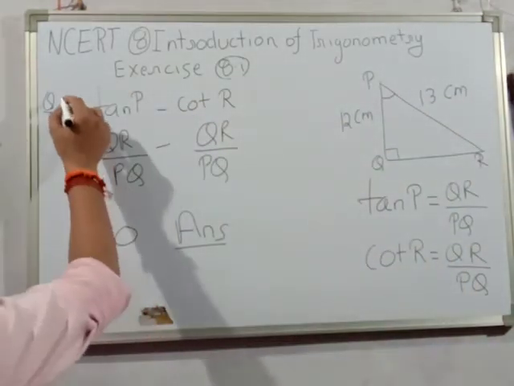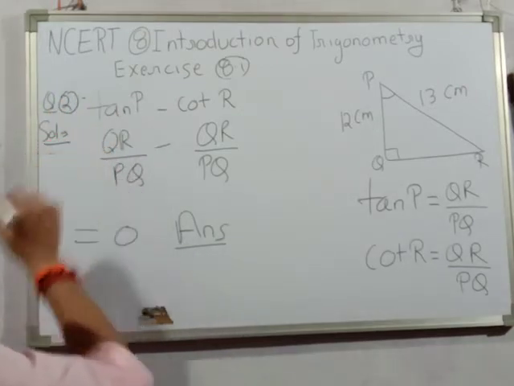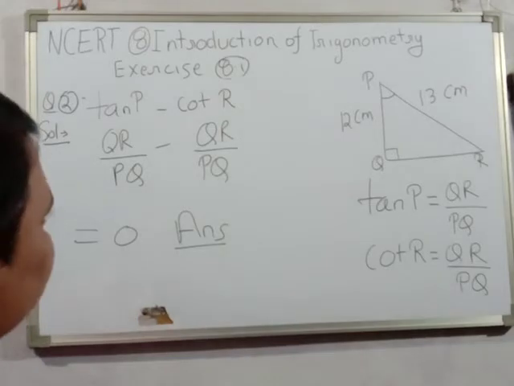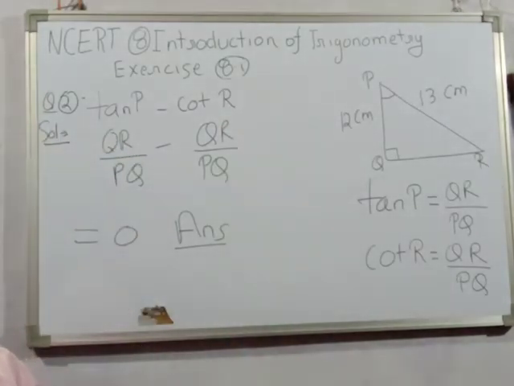This is the next question, question number 2, the third question. Sin A is 3 by 4.